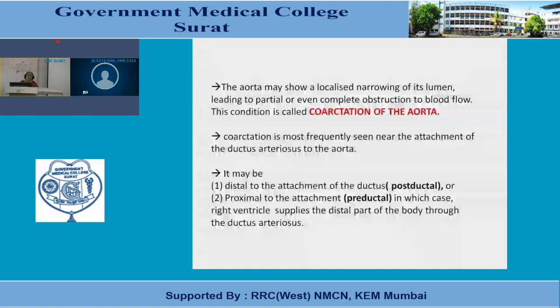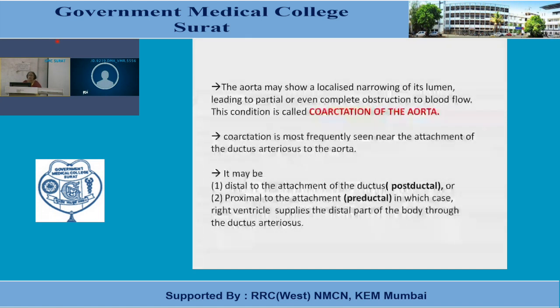The developmental defect in which the aorta shows a localized narrowing is called the coarctation of the aorta. Amongst the tetra, number 1 is the PDA, the patent ductus arteriosus, that we have discussed. Number 2, coarctation of the aorta.